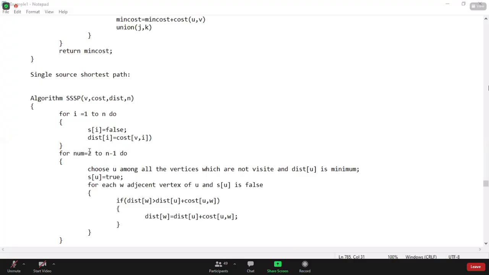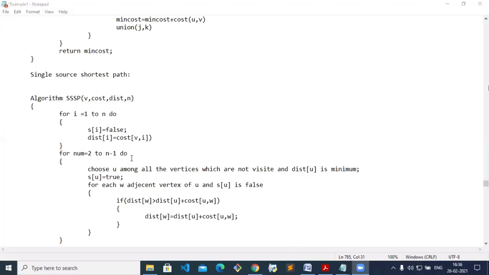That's why I'm starting with 2. Next, in the first row, what have you done, tell me. After filling the first row, how can you consider the minimum distance? That's what I have written. Choose U among all the vertices which are not visited and distance of U is minimum.